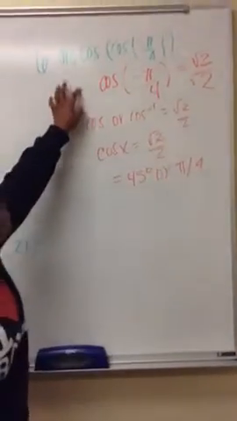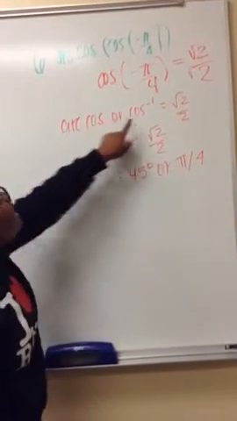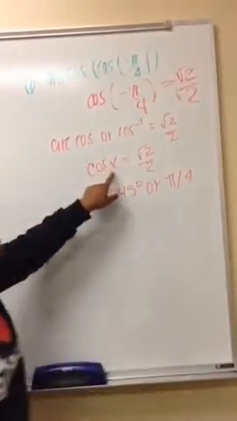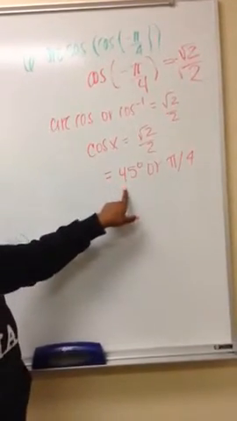Okay, from right here, we go to the arc cos, which is the same as cosine inverse, which equals square root of 2 over 2. Cosine x equals square root of 2 over 2, and that equals 45 degrees, or pi over 4.